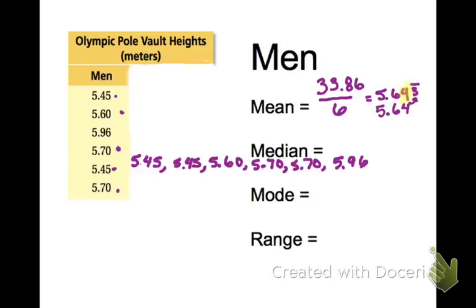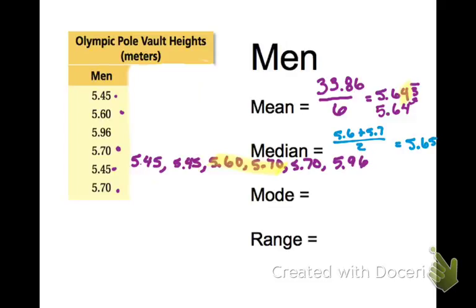So to find the median, what I do is I put one finger here and I put another finger here, and then I move them in at the same time. When I do that on this one, I find that my median lies between those two numbers. To find that out, what I have to do now is take and add 5.6 plus 5.7, and I'm going to divide that all by 2. And that's going to give me 5.65. So that is my median.